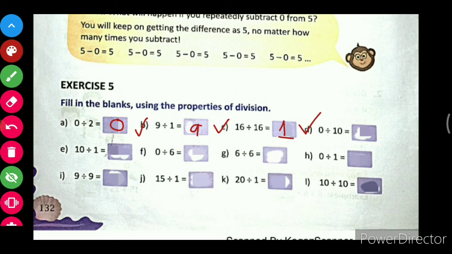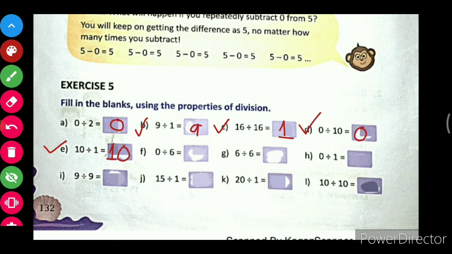The answer is 0. See E part, 10 divided by 1. If you divide any number by 1, the answer will be the same, so you will get 10 only.